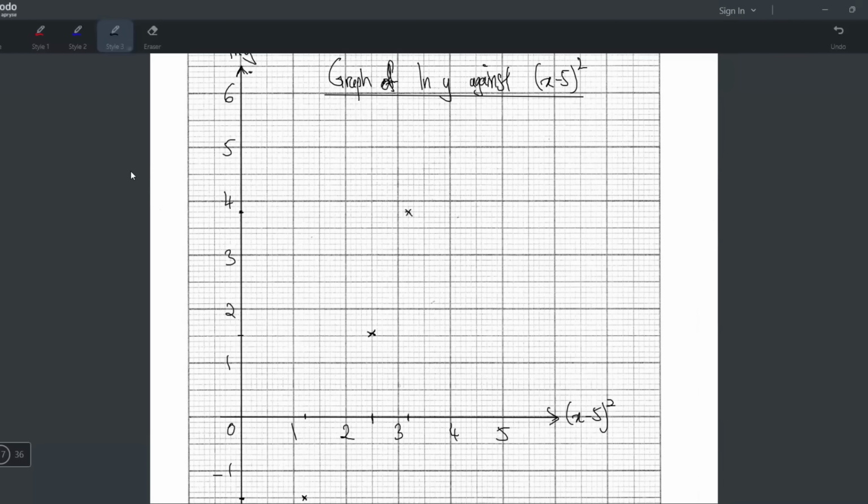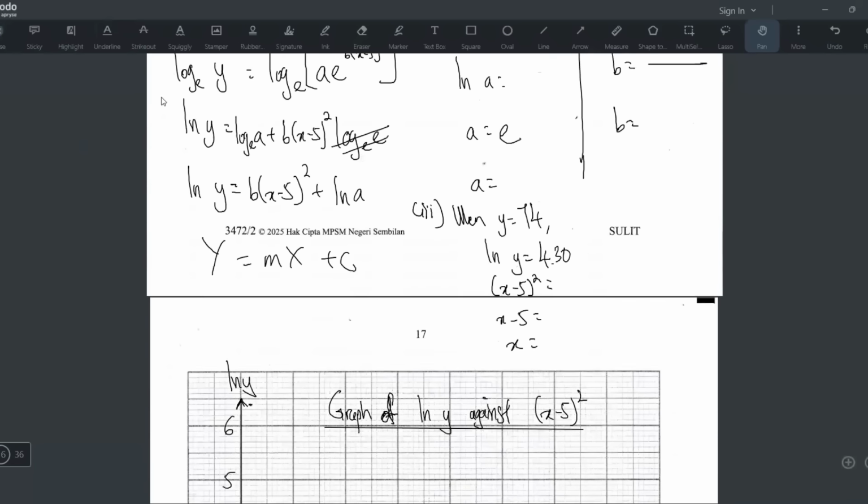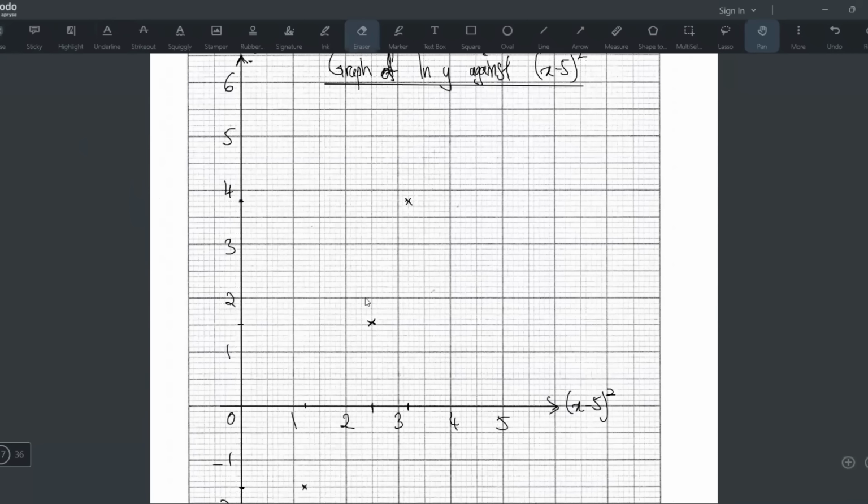Okay, now for the next point. 3.76, 4.4. Okay, 3.76. This one is 3.5, 3.6, 3.7, and then 3.8. So 3.76 is somewhere in between. So it's roughly here. And then 4.4, 4 going up 4 boxes here.